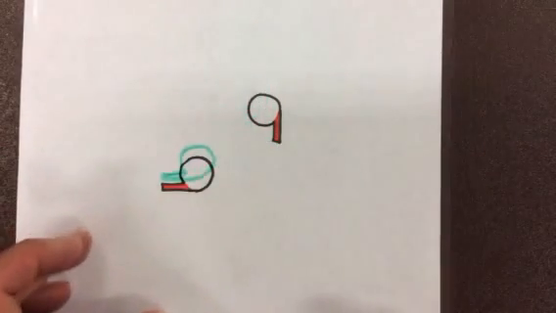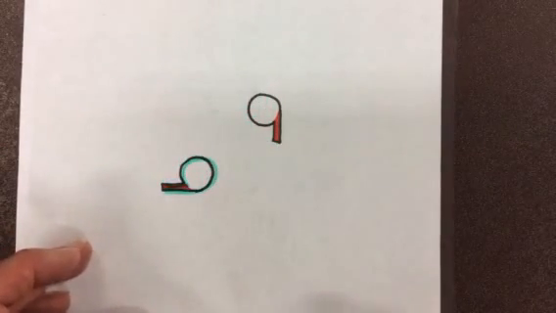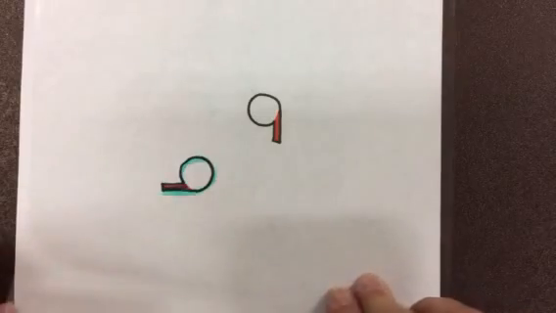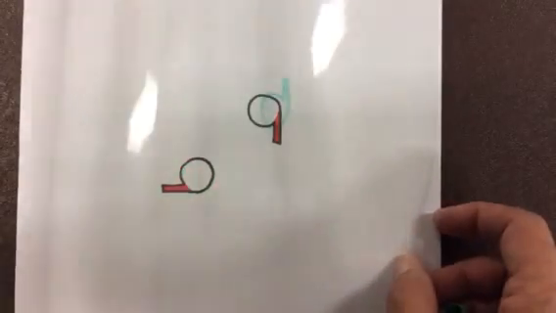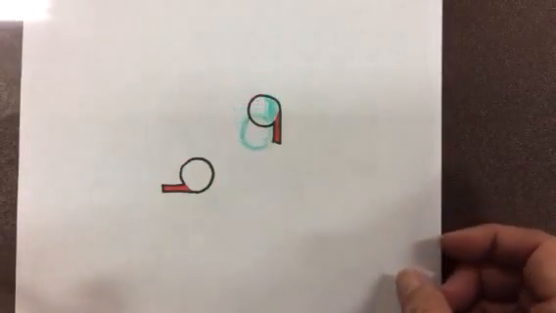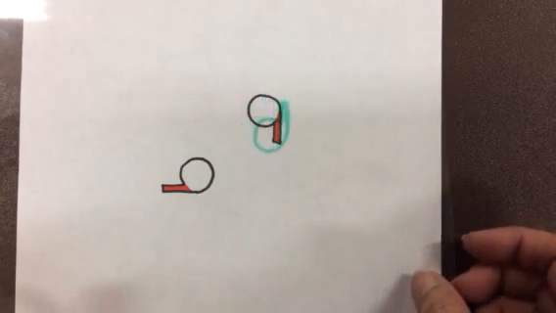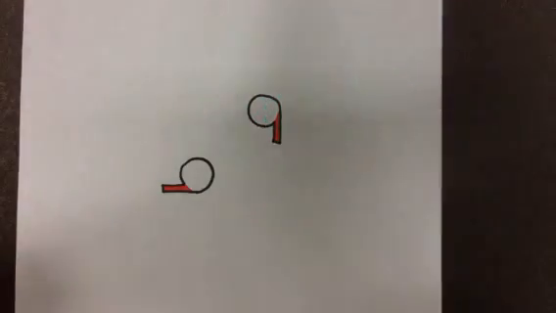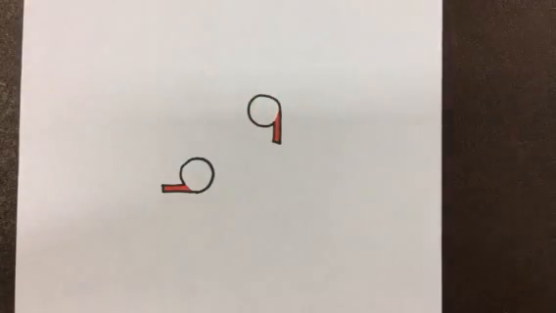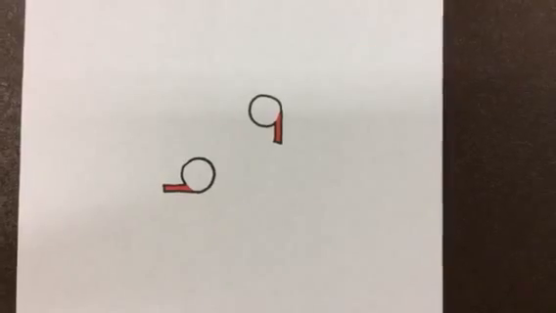Doesn't matter what direction we slide it in or how far, it's not going to match up. And neither did a flip. I can flip my paper over, and you can see that no matter where I reflect around, that's not going to work. So we need another type of transformation in the plane, and that's where our rotation is going to come in.